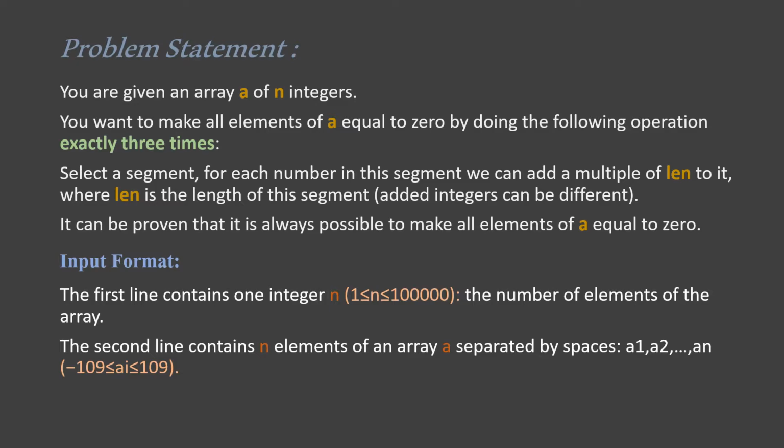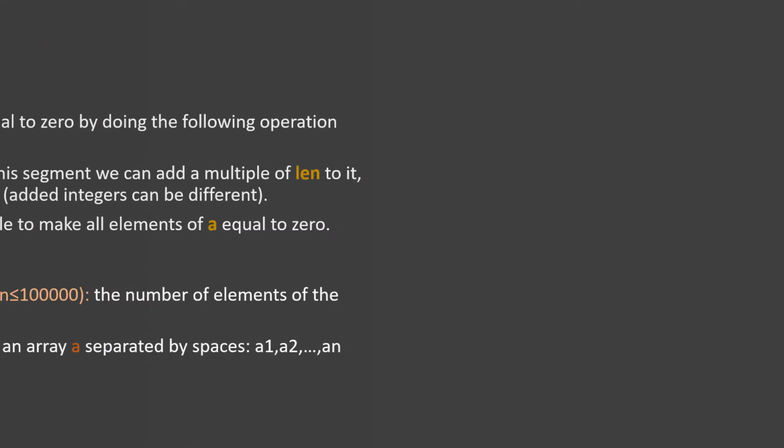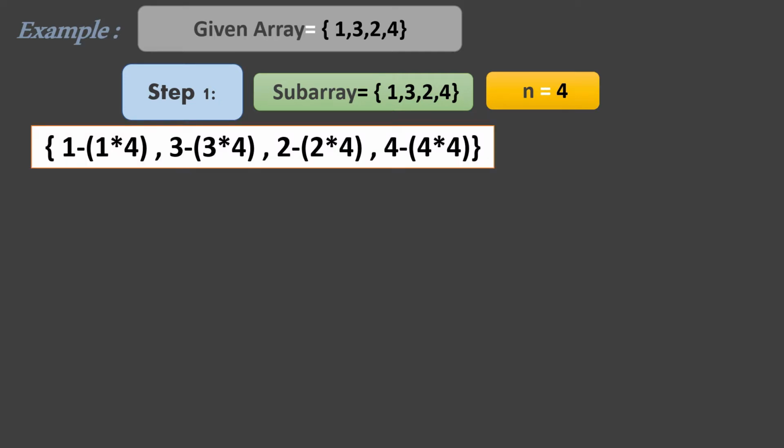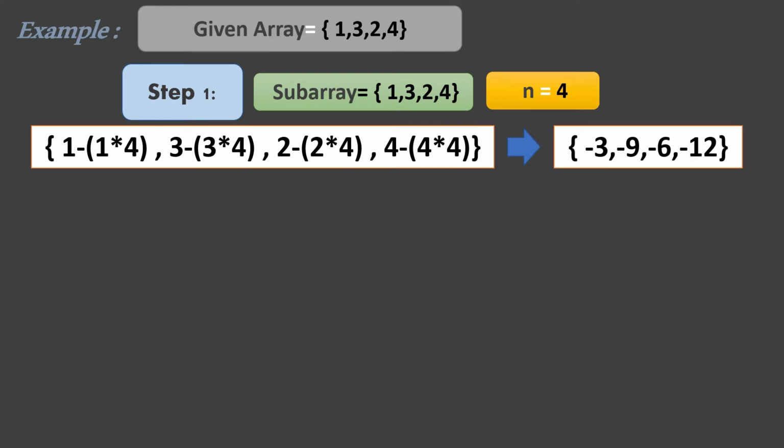Let's look at what it means with an example. We have an array of 4 numbers as shown. In the first step we took the full array, which means the length is 4. Now we added the multiples of 4 as shown. The values now become as shown.